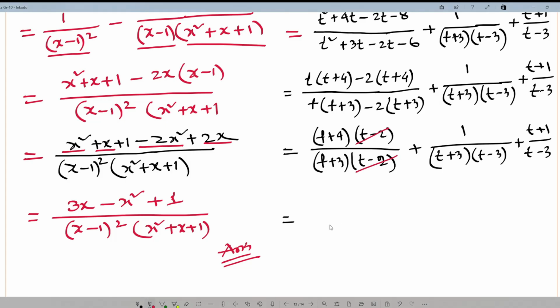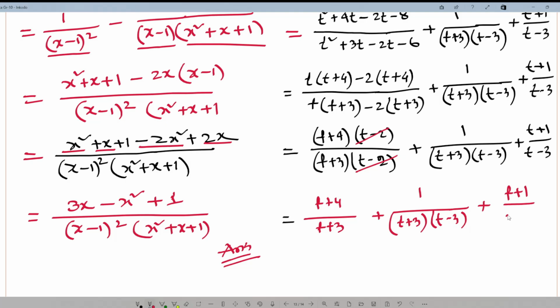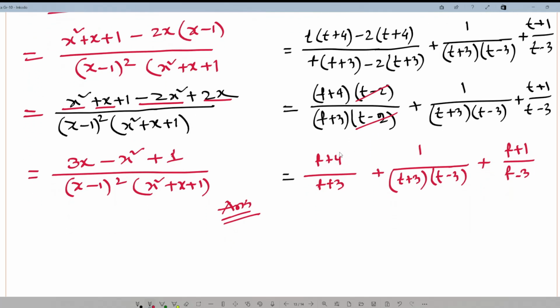This t minus 2 and this t minus 2 cancel, so we can write t plus 4 divided by t plus 3, then plus 1 divided by t plus 3 times t minus 3, again plus t plus 1 divided by t minus 3.